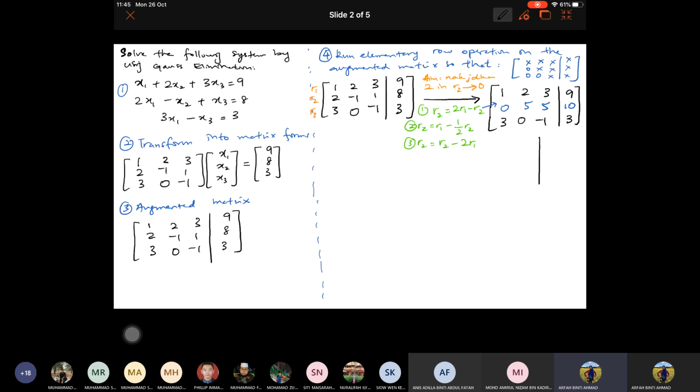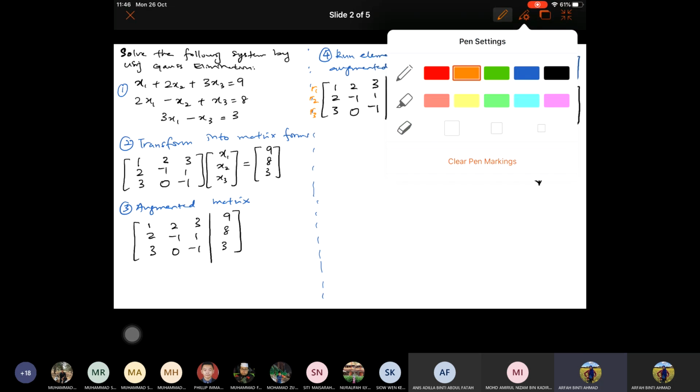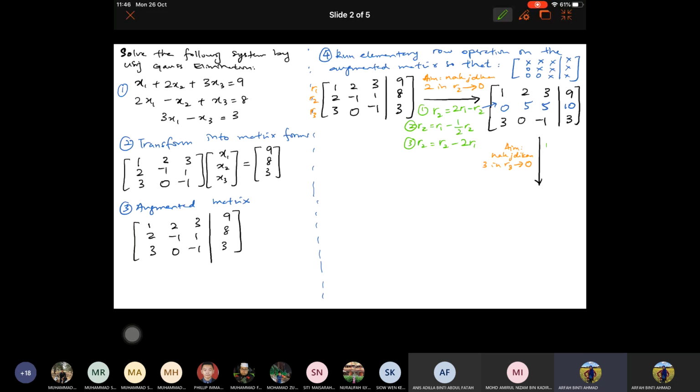The next one awak boleh buat untuk row 3. Okay. The next aim is nak jadikan 3 in R3 sebagai kosong. Okay. So you may list all.